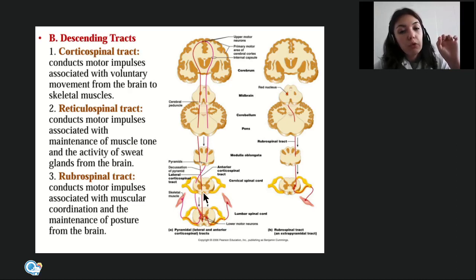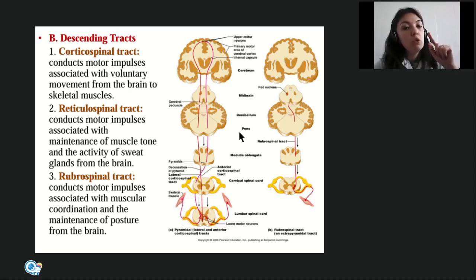The axon of the first order neuron forms a synapse with the body of the second order neuron of the opposite side, which is located in the anterior horn. Then the axon of the second order neuron leaves through the anterolateral sulcus, through the ventral root of the spinal nerve, and it reaches the target organ. It is always skeletal muscle.